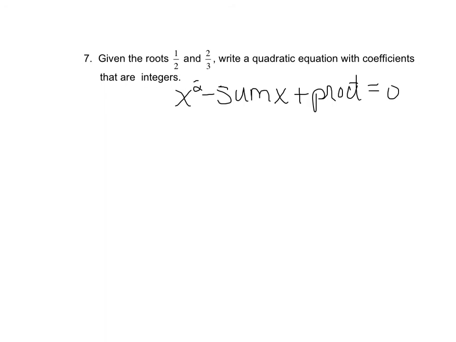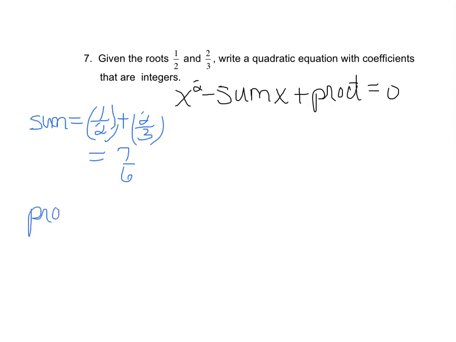Sum, we're going to actually take out our calculator because it's fractions, unless we're really good with fractions. And we're going to have 1/2 plus 2/3. And if you put it in your calculator, you should end up with 7/6.